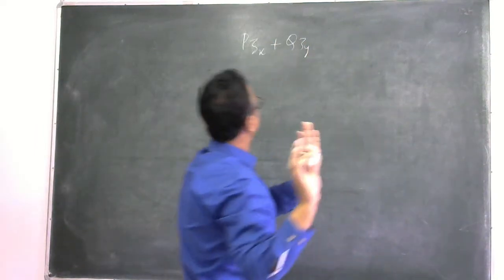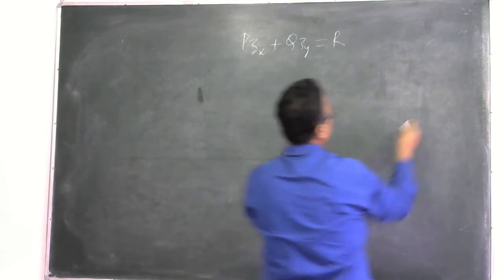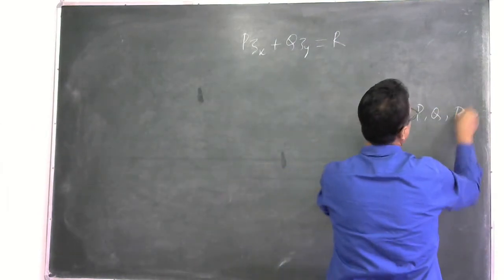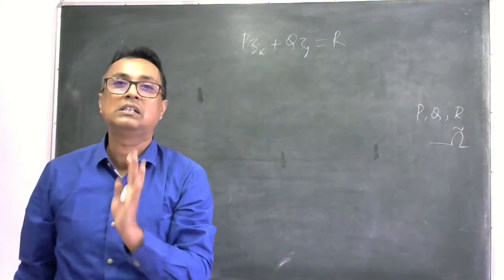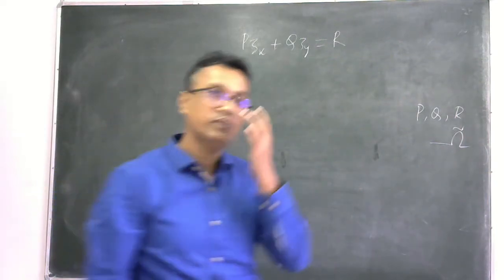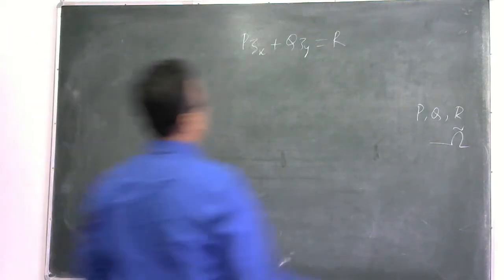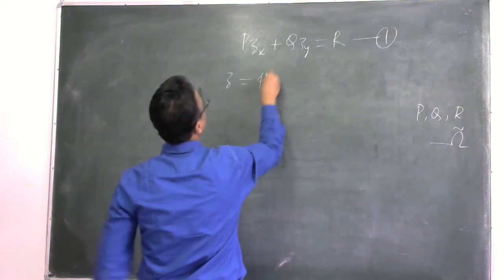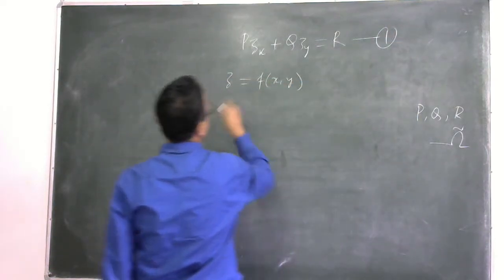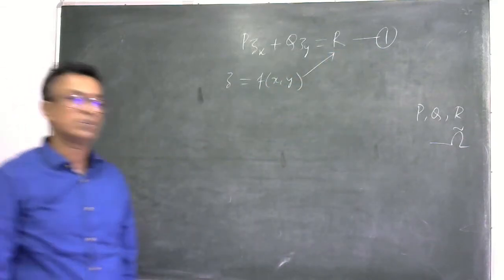And another piece of information I forgot to tell you is that among the functions P, Q, R in omega tilde, at least one of them is non-vanishing. Okay, so that condition has to be there. And then suppose your z equal to f of x, y is a solution of this equation.